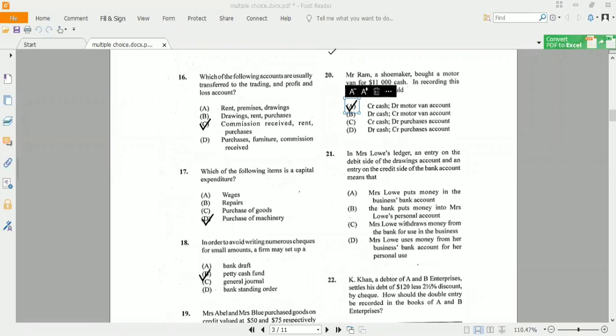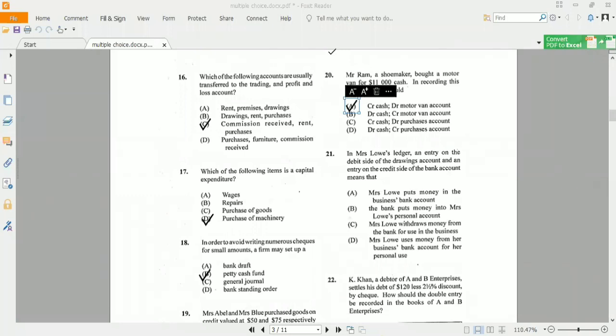So we could say the transaction could read, bought goods, paying for cash. Would we say that we'd open a goods account? We would not open a goods account. What we would do is, because we have purchased goods, we purchased something for resale, we want to classify it because at the end of the period, we want to know how much did we spend on purchasing goods for resale.